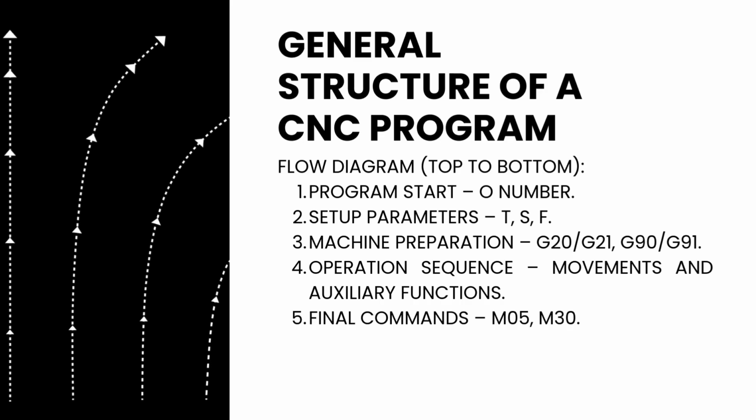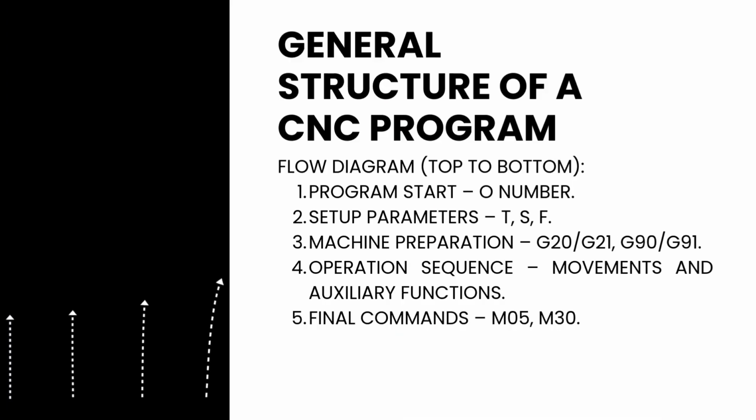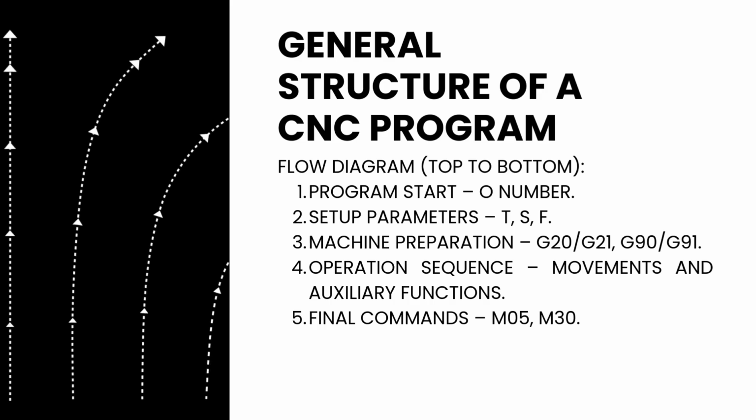Once the setup is ready, we move to the preparation stage. Here, we use G codes to define the measurement units, the coordinate systems, and the motion mode. For instance, G20 sets the units to inches, while G21 switches them to millimeters.